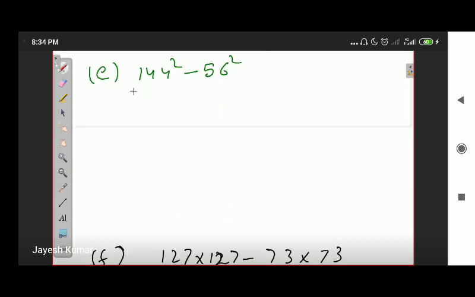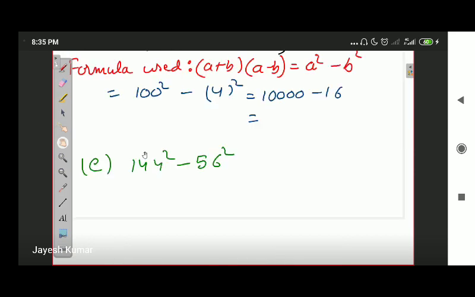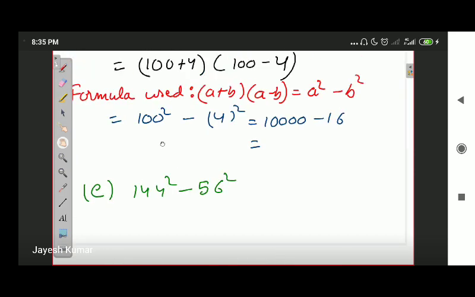E part. All these three questions. In question number 9, B part, C part, E part and F part are to be done in your homework copy, okay? For E part, if I square 144 and I square 56, in the previous example, C part, 100 square and 4 square were quite easy to simplify.